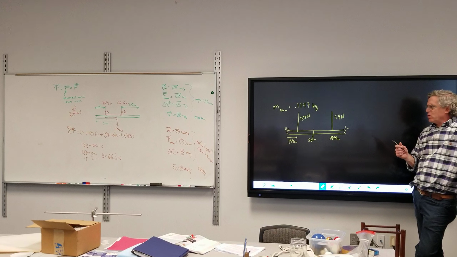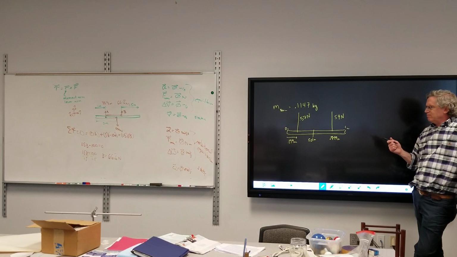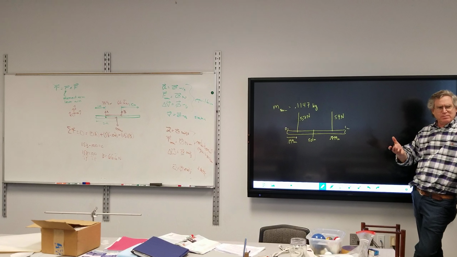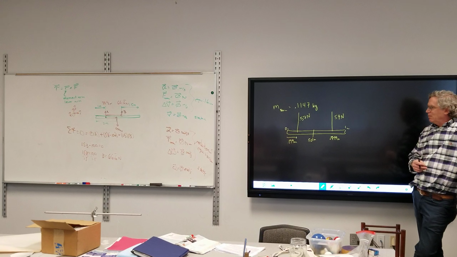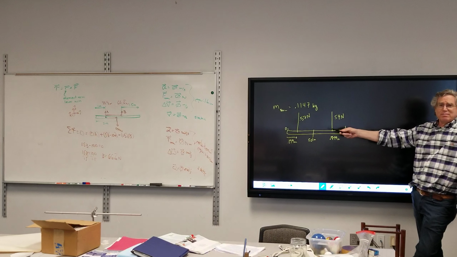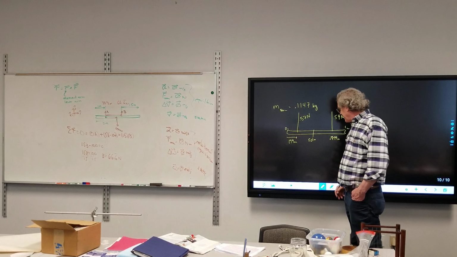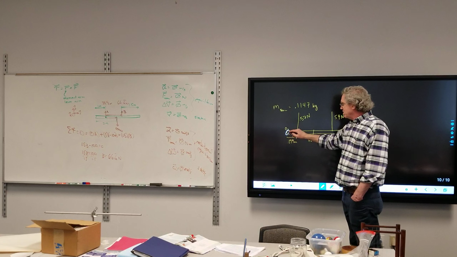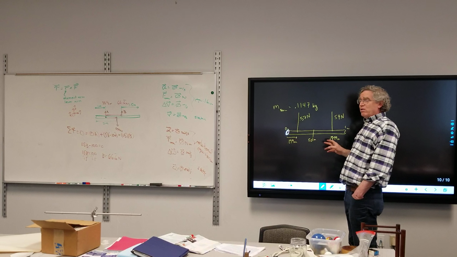In order to find the torque though, I know it's supposed to be 0, but there's no obvious axis here, so we get to pick any axis we want. Because right now, all of my measurements are based upon 0 being down there. Why don't we pick this end over here to be the axis? So that's my axis right there, because I already have all my R's.